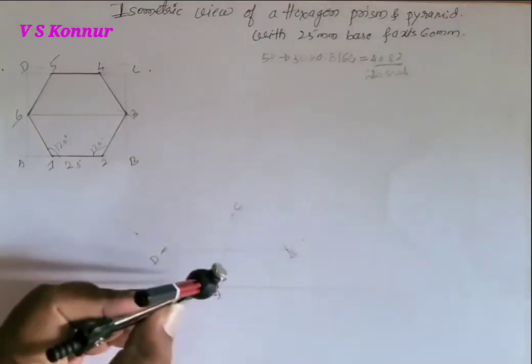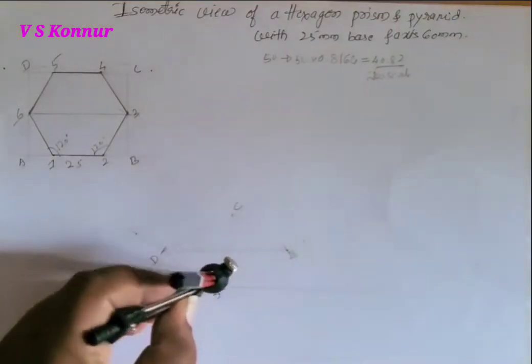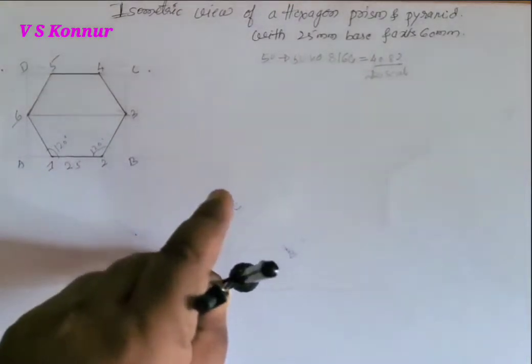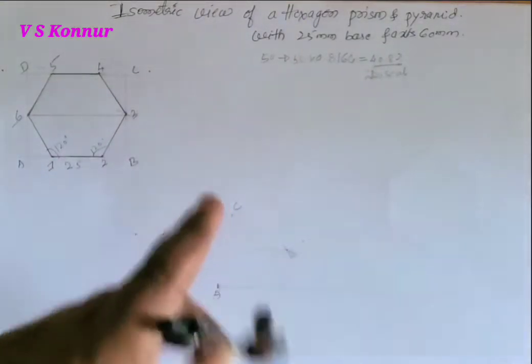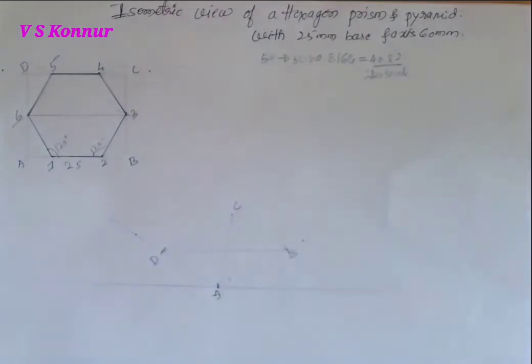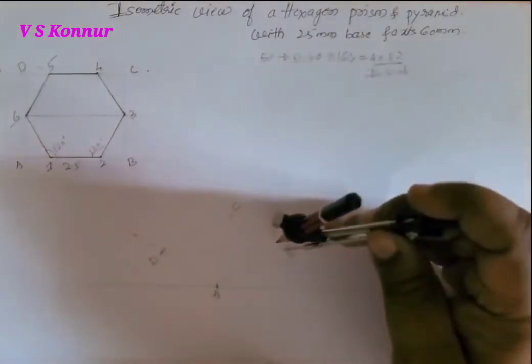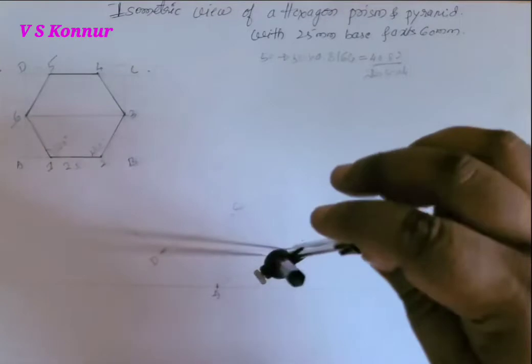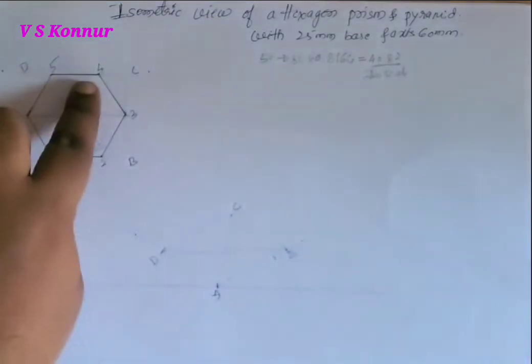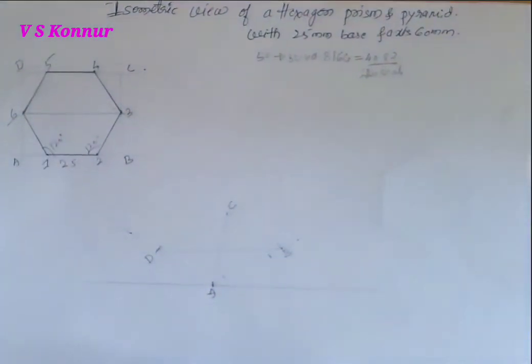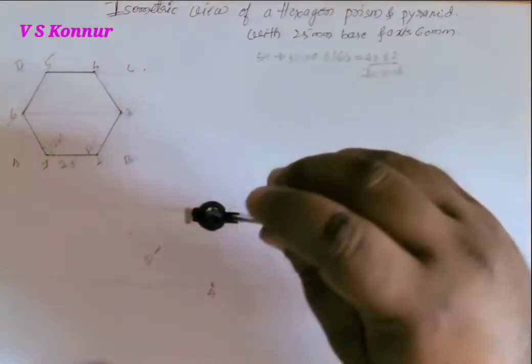By keeping at A point, cut the arc. So first point we got, and also from B the distance will be same. By keeping at B point, cut the arc, and also fourth and fifth points are same. It is at a distance of D and C. So by keeping at D point, we'll cut the arc.